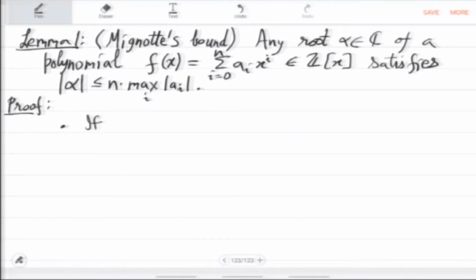If you are looking at a root alpha whose magnitude is less than 1, then in this case the bound n times the max bit size is at least 1, so this is trivially true, and the bound holds trivially.